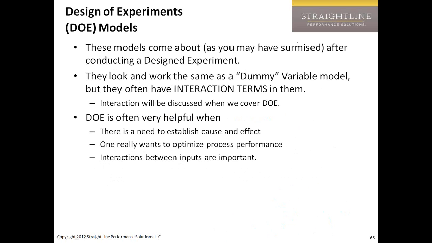Finally, we're going to talk about this specifically when we go through some of the week 6 material: designed experiments. What's different about designed experiments is that up until now, when we're looking at our X's and our Y's, we're pulling historical data.